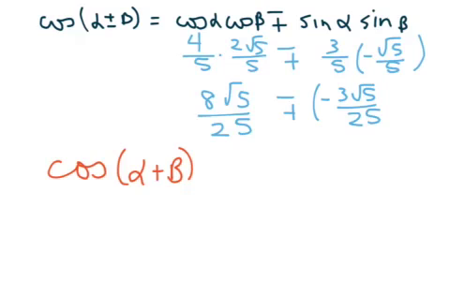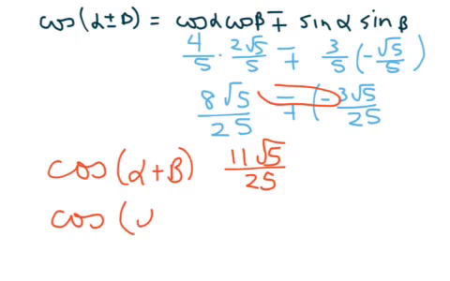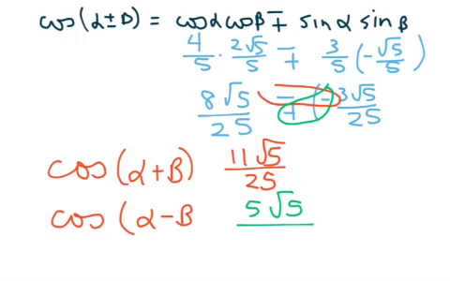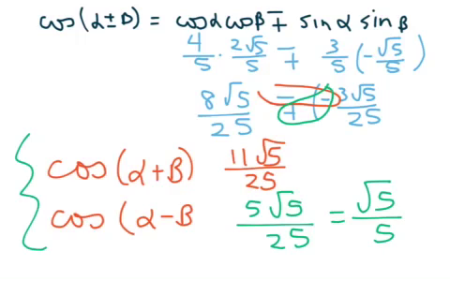We have two negatives make a positive, so that's going to be 11 root 5 over 25. And for cosine of alpha minus beta, we're going to take these two, so that's just going to be 5 root 5 over 25, which gives us root 5 over 5. Again, very easy when you split them up. Two different answers, but we only had to work it through basically one time.